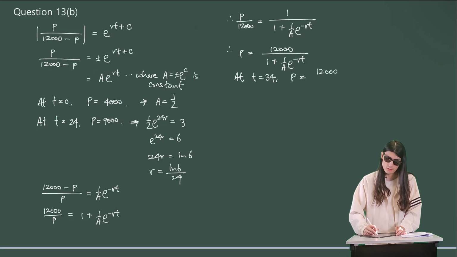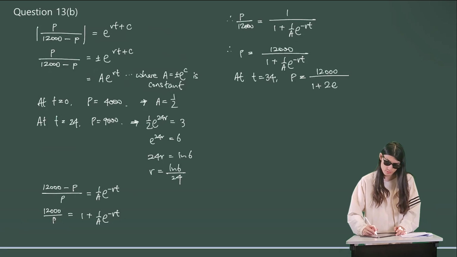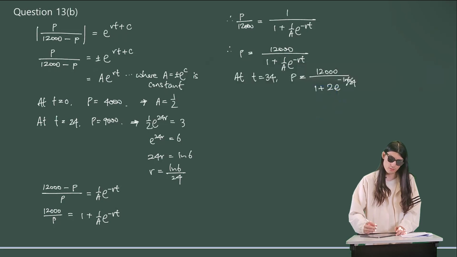population is then 12,000 over 1 plus, now A was half, so 1 over A is 2. And we found the growth rate constant r to be ln 6 on 24. So 2 times e to the power of negative ln 6 on 24 multiplied by your time, 34.